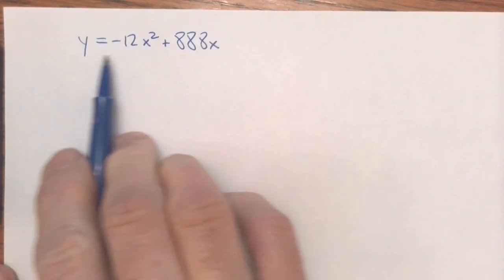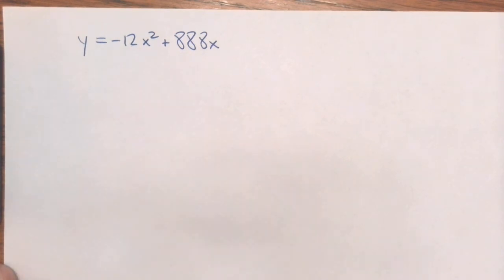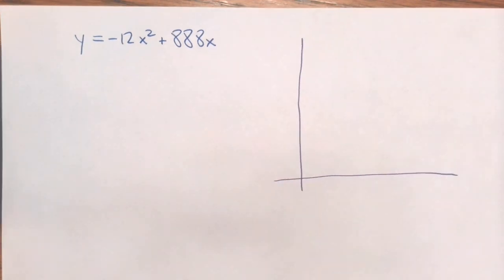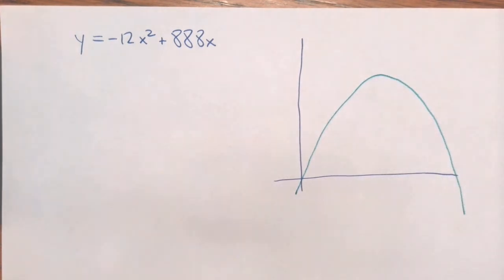And if you take a look at our quadratic equation that we have, our value for a is a negative 12. When you graph a quadratic, you get a U-shaped graph. And what you end up with when you have a negative value for a is that your graph is going to be U-shaped, but it's going to be going downward. So it's going to be looking something kind of like this.